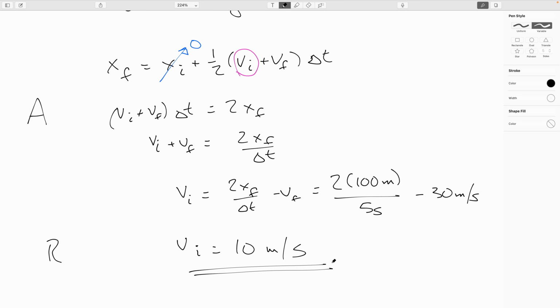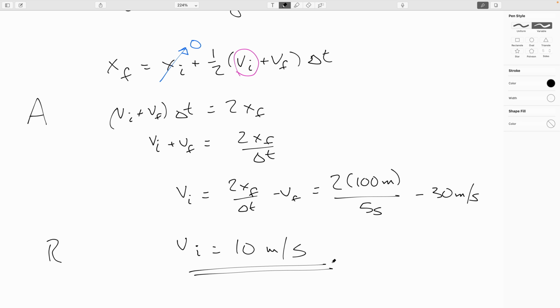And you should be asking yourself, well, is that a reasonable thing? Just as a very crude way to ballpark it, there are people who can run 100 meters in 10 seconds. They're generally very athletic, but there are people who can. So that means that they're going 10 meters per second.